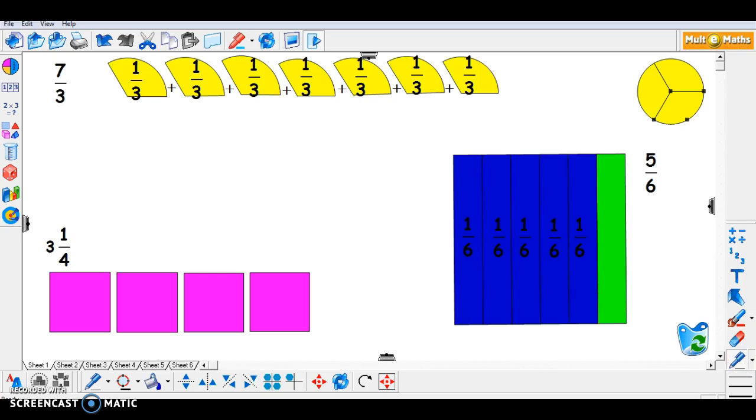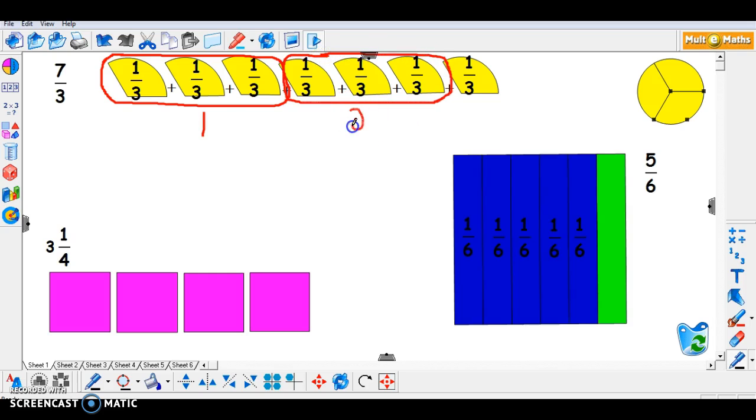But the ideal here is to get students to really represent, and so I might have them draw around 3 pieces so that they could label that as one whole, and then ask them, can I pull another whole out of this bag of fractions that I've given you? And they should be able to determine that I have enough for a second whole. And eventually we want them to build to the point where they can say that this fraction 7/3 can also be written as 2 1/3.